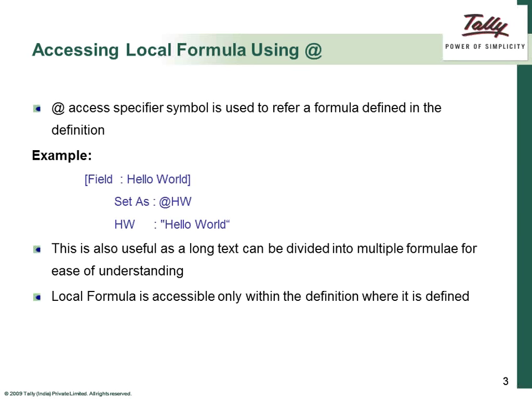It is any formulae written within that particular definition. It can be used specifically when there is a text value that is very long and needs to be broken up into multiple local formulae, and that can be used for the output.